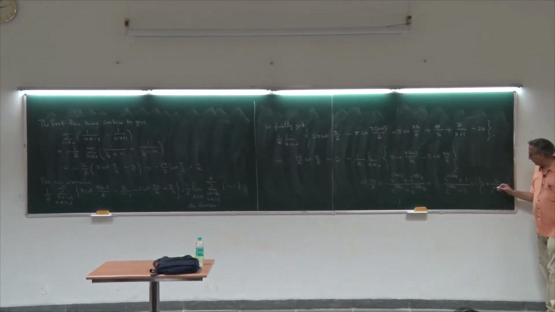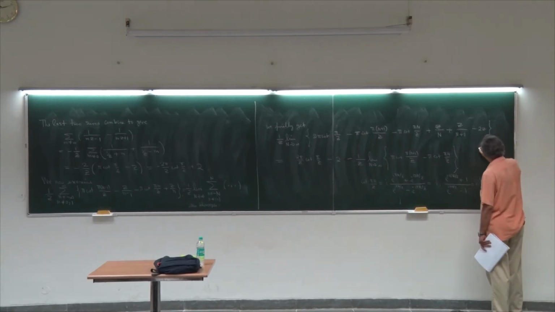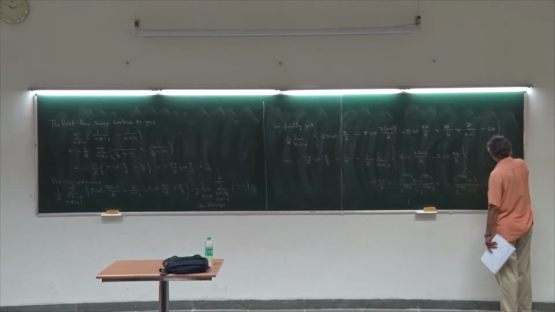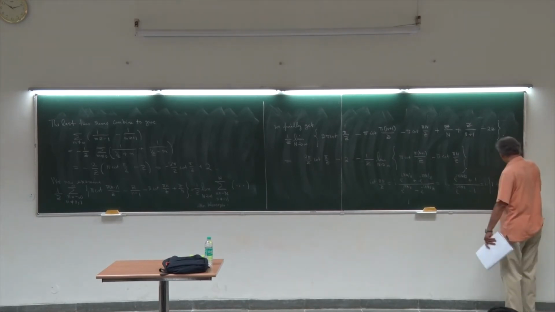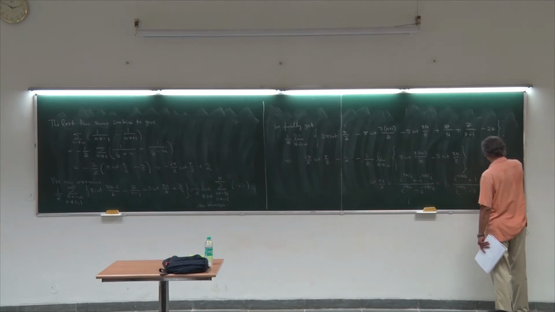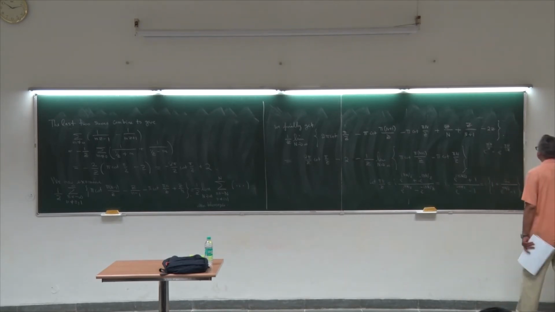So z is in the upper half plane, so you can rewrite this as, if I write i as minus 1 over i, you can see that since z is in the upper half plane, e to the pi i n over z is equal to either minus pi n over iz. Yeah, that's correct.